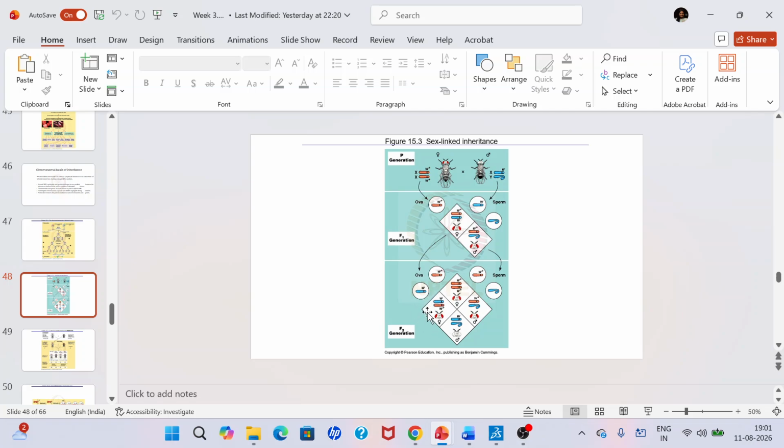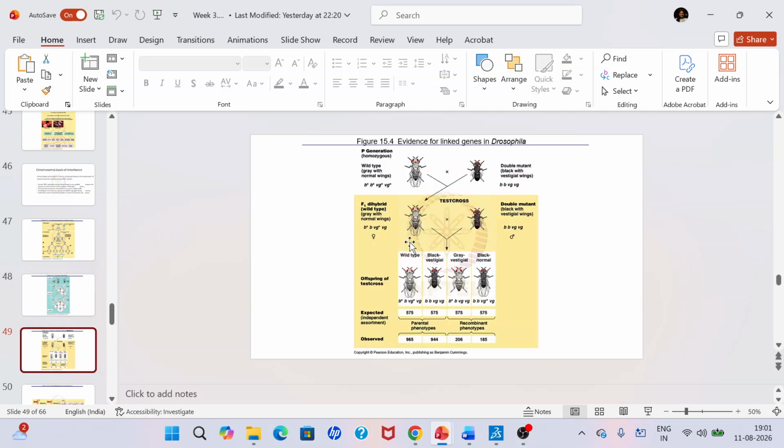Although it was a heterozygous situation, the female still had the red eye. This is a dominant character. So this was sex-linked inheritance because of the presence of the character on the X chromosome. So this was the cross in which it was shown how this happens, and this was evidence of linked genes in Drosophila.